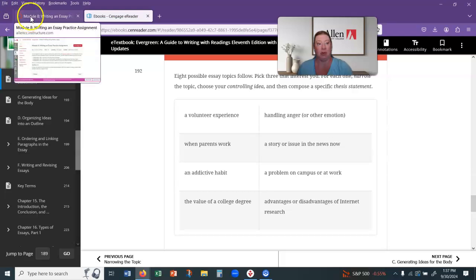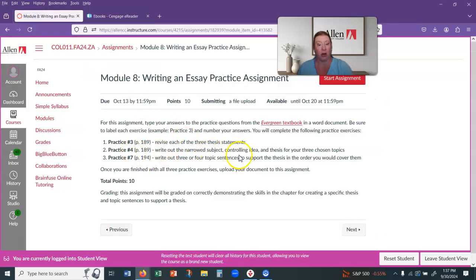And then you have practice 4, which is looking at narrowed subject and controlling idea in the thesis. And then practice 7 is to write out some topic sentences to support your thesis.